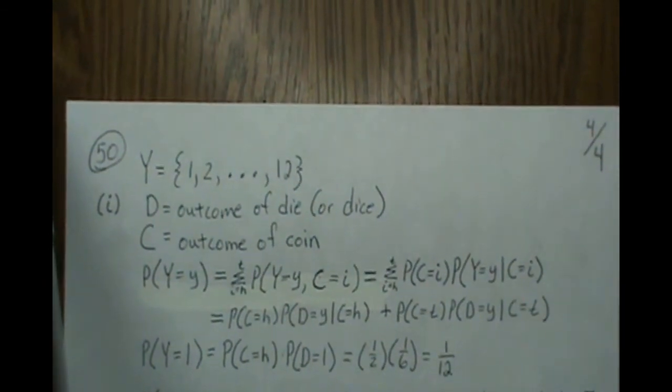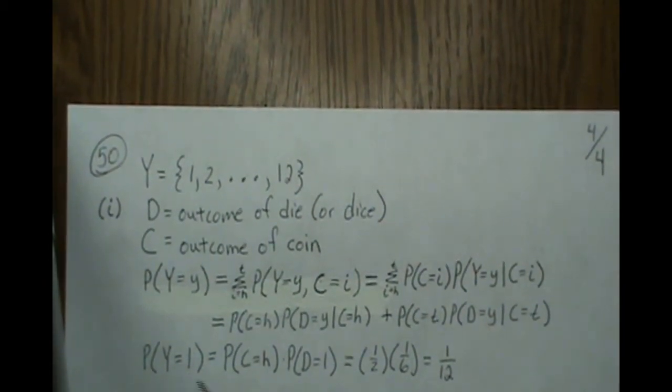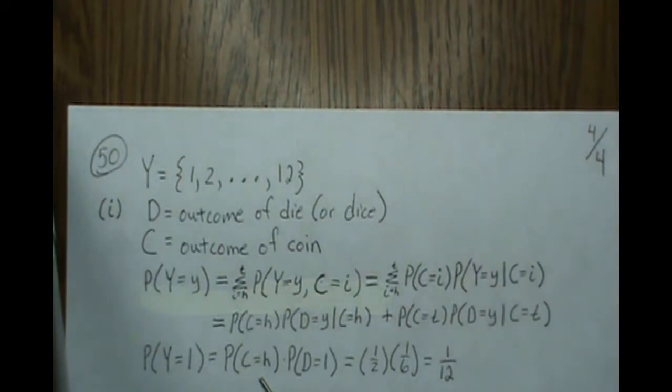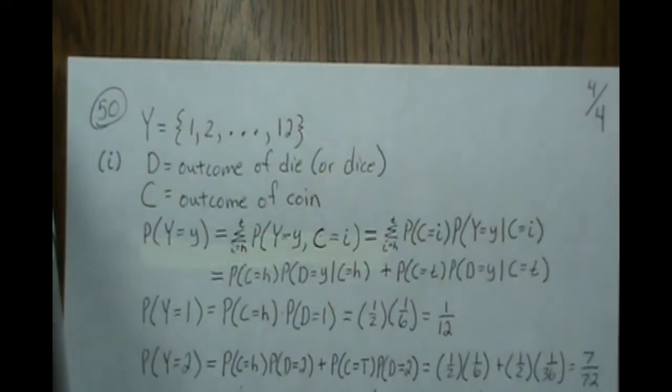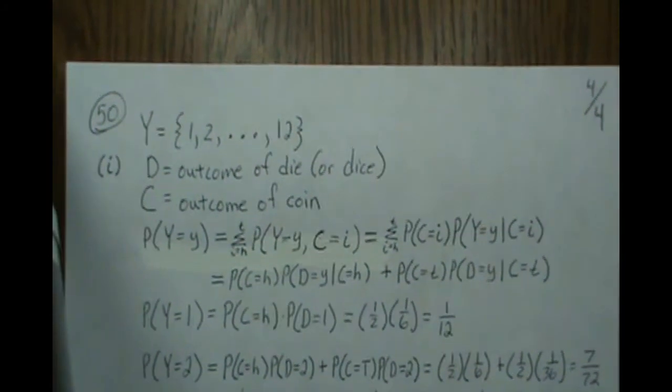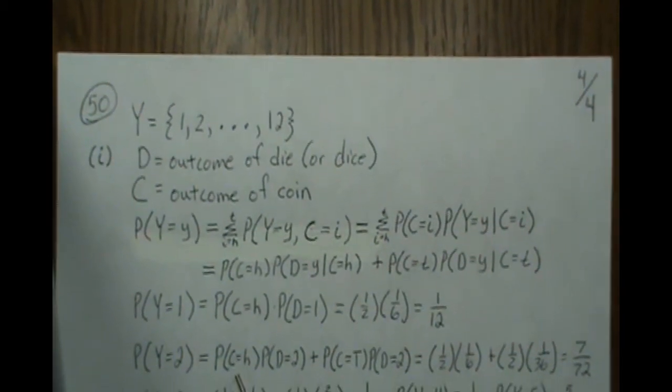So the probability that y is 1 means we have to flip a head, and we roll a die and it lands on a 1. Technically this is given that we flipped a head. And this is 1/2 times 1/6, so it's 1/12. We'll go through a few of these and then I'll just give you the answer because I get tired of writing it out.